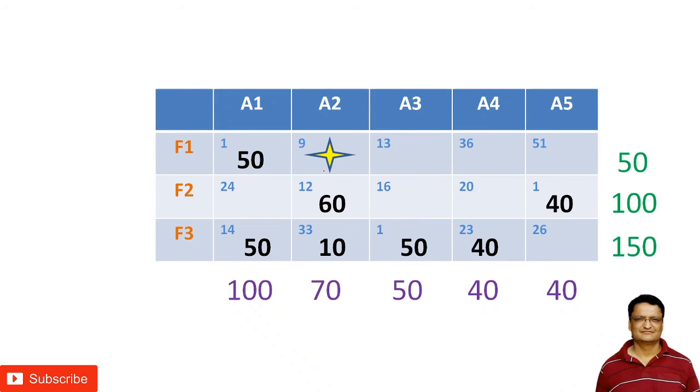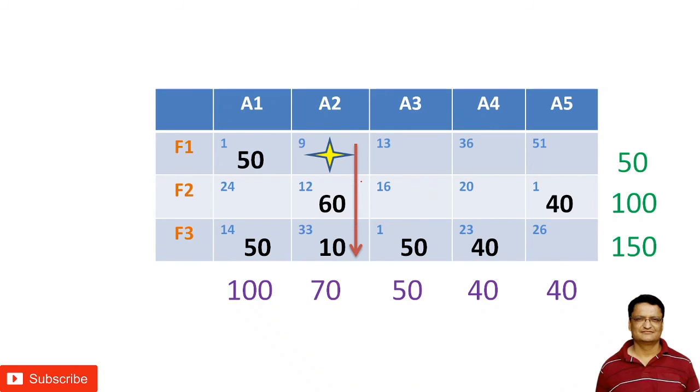Let us see. Start at this cell and look either horizontally or vertically to find where you get the next allocation. If I move in the horizontal direction, I don't get any allocation. If I move in the vertical direction, I will get certain allocations.